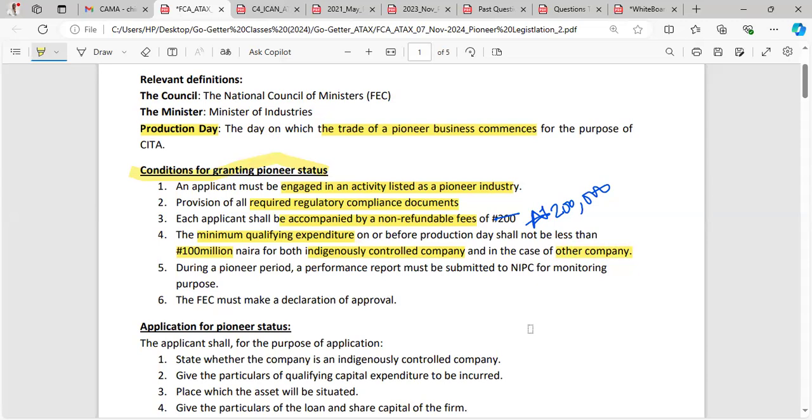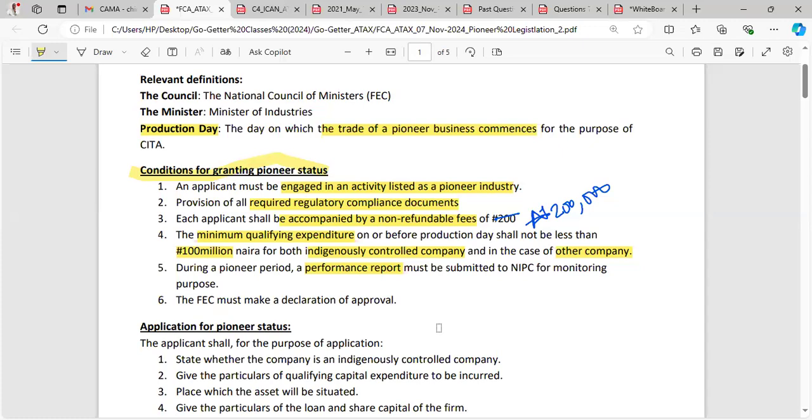Then during the pioneer period, a performance report must be submitted for monitoring purposes. And the last one, the Federal Executive Council must make a declaration of approval.